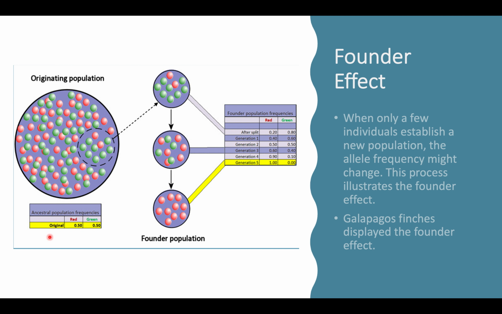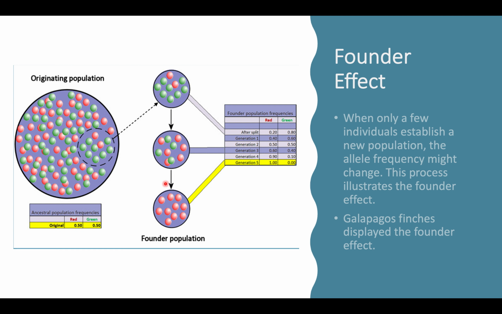This image illustrates what I'm talking about. Here you have an origin population. In our founder effect example of the finches, this would be all the finches on the mainland, the ancestral population. It's red and green, half and half, which are basically two different types within the same population. Then just a few of those make it over to the island of the Galapagos, and over time the red allele frequencies, which were evenly spread out, have sort of taken over.